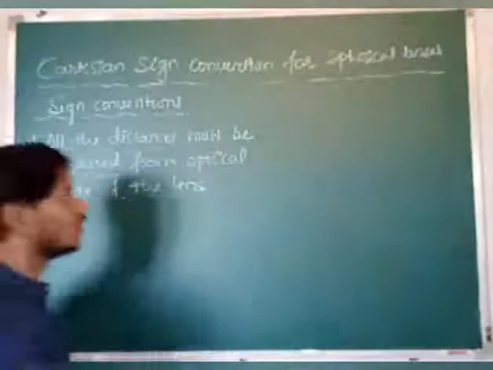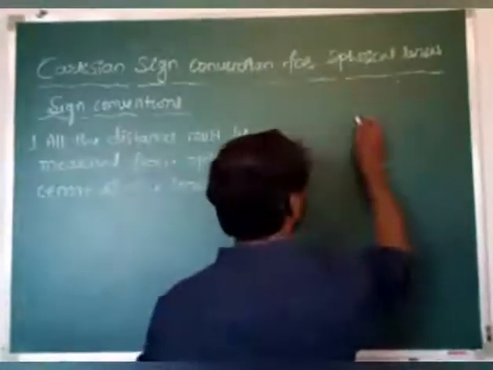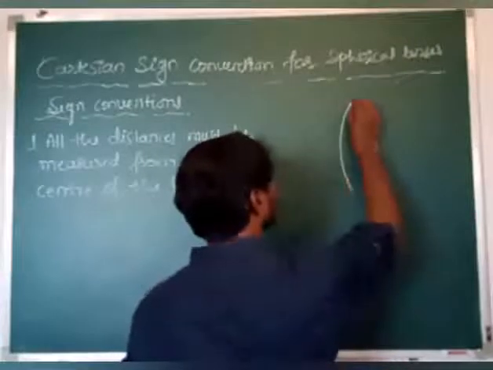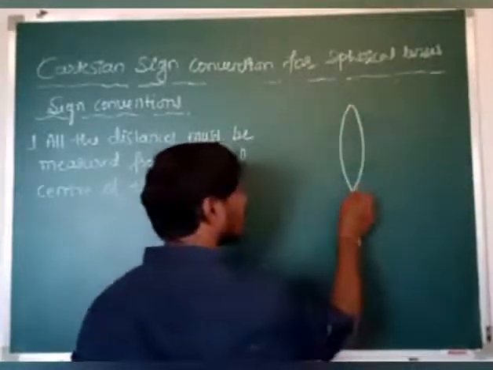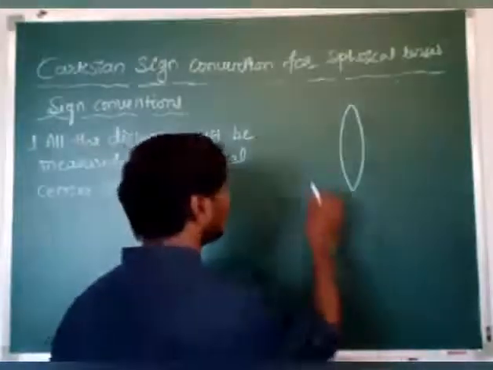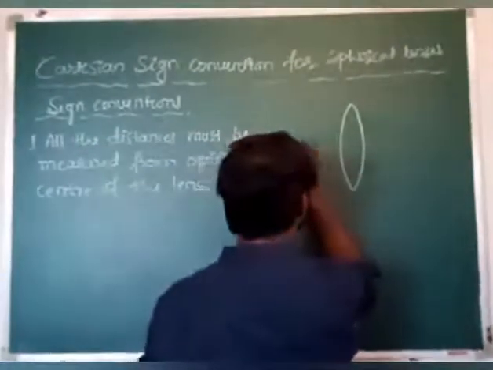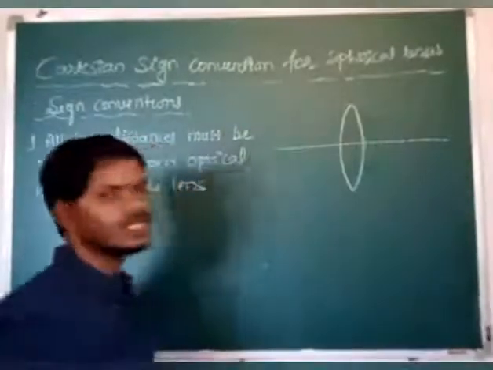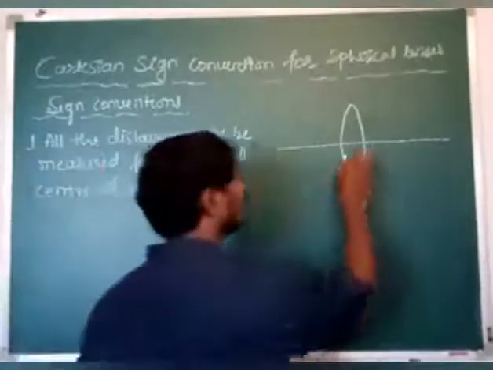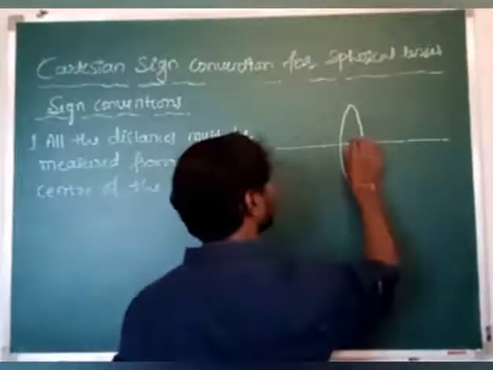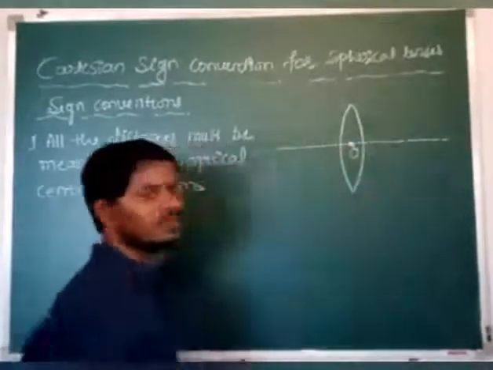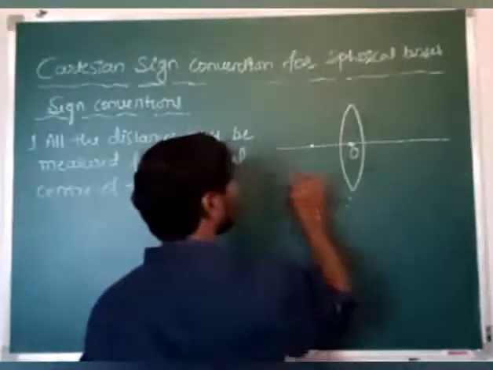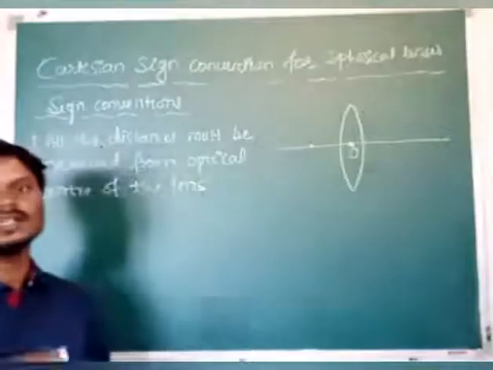See here. Now let us consider a convex lens. The line passing through the optical center and the centers of curvature of both surfaces is called the principal axis. The optical center is represented by O. There are two foci for the lens, called conjugate foci.